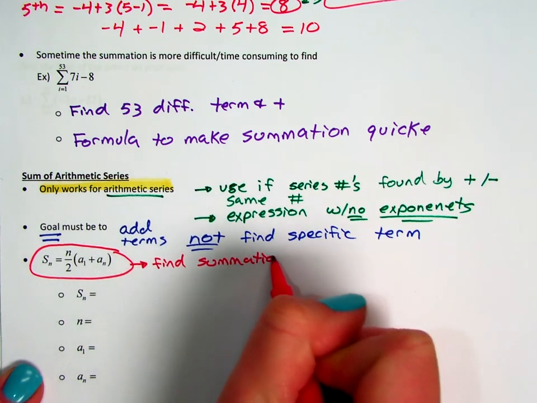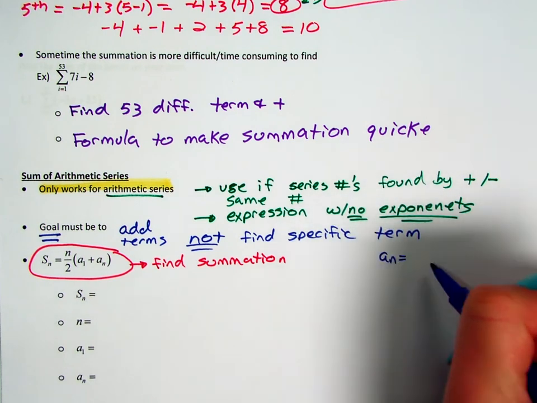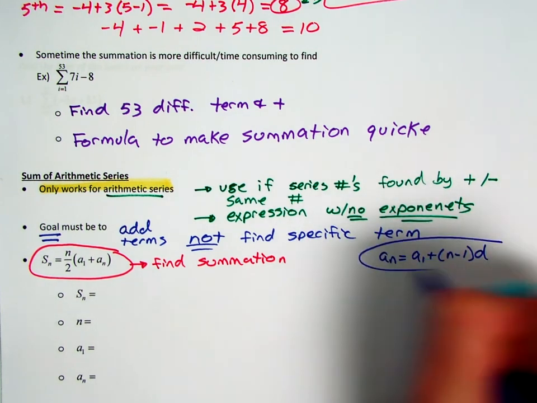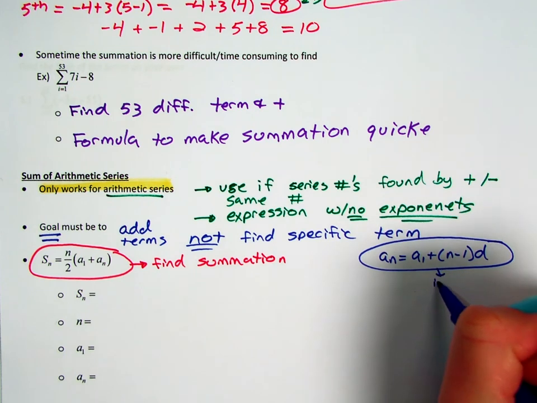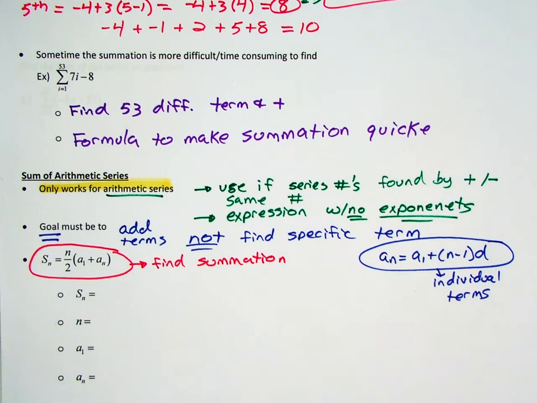So this formula would help us find the summation, whereas this formula helps us find individual terms. So just recognize that when you're doing this. What's my goal? Is my goal to find the summation, or is it to find a specific term?